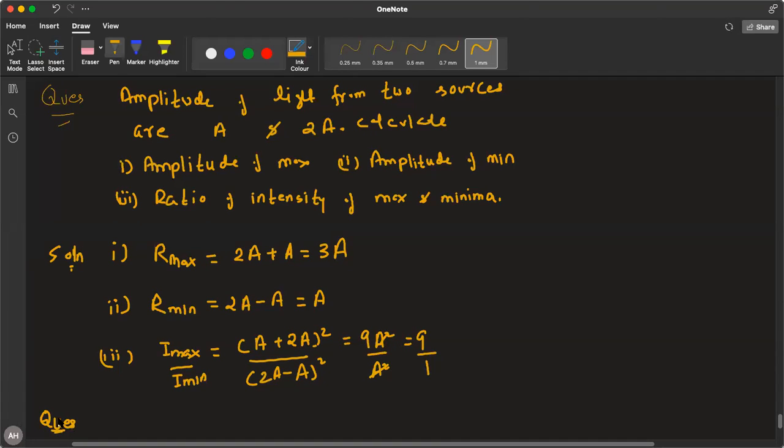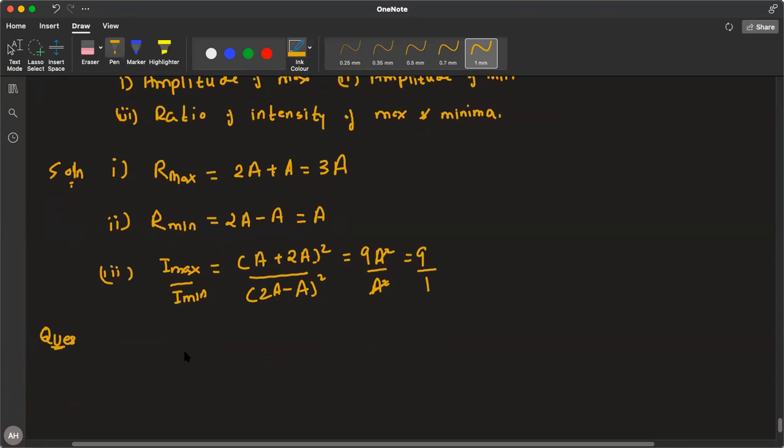Next question. Now, instead of these amplitudes, he can give you the ratio of widths. He can give you this question: the ratio of slit width in Young's double slit experiment is 9:4.